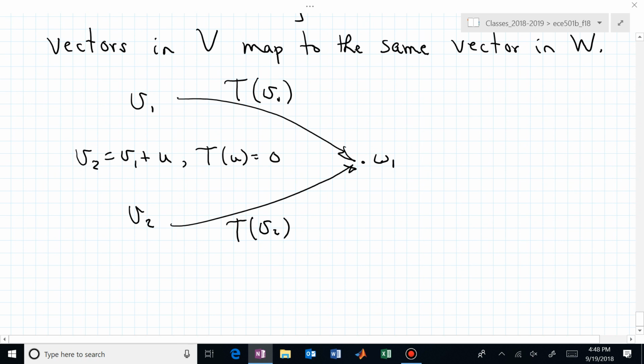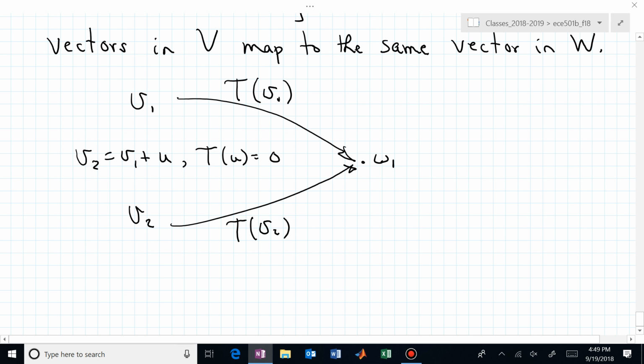If we had an inverse, it would need to start at W1 and know to go to V1 or to V2. How's that going to happen? We've assumed that linear maps have a unique output, and that's not the case if we tried to map from W1 to V1 or to V2.